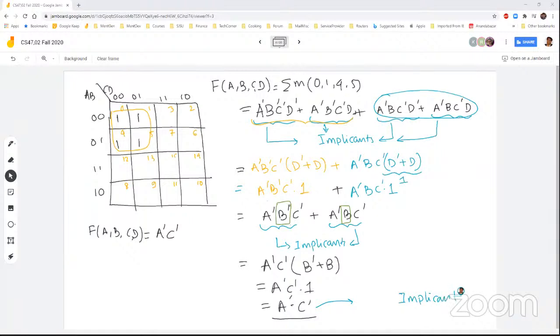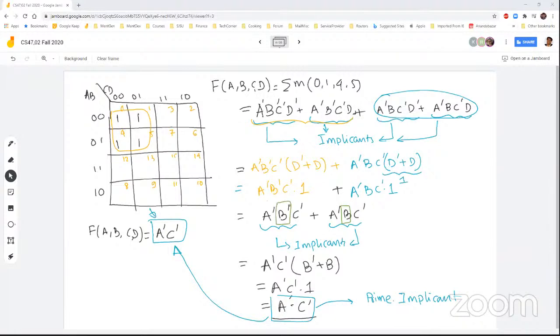But since it cannot be reduced further with a combination of other terms, if they're present, right? We cannot reduce it further. It is called a prime implicant. And you see this prime implicant is directly derived out of the K-map visually, right? And for that, what we are simply doing is exploiting the neighborhood concept. Now, what is that concept?